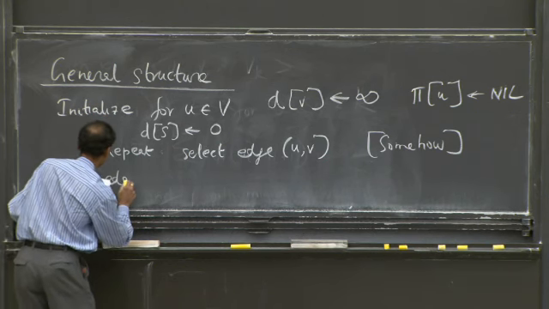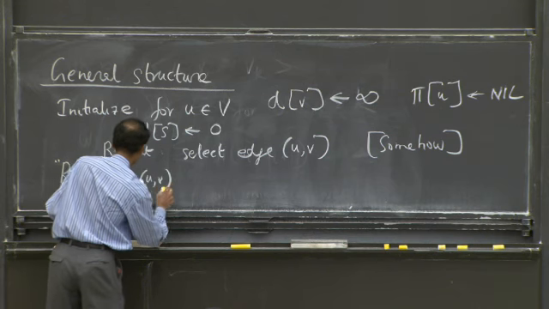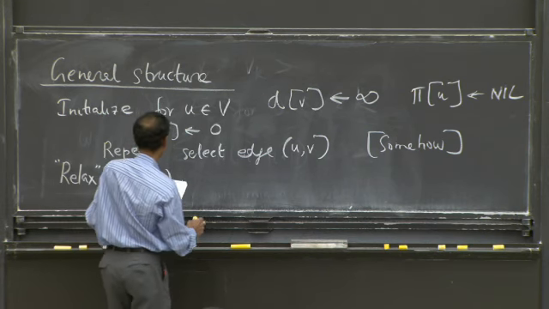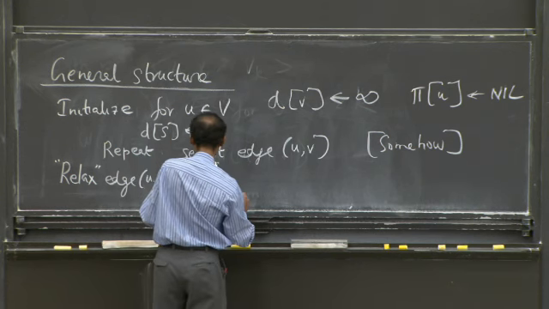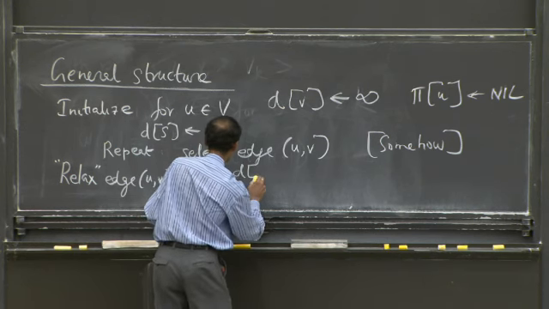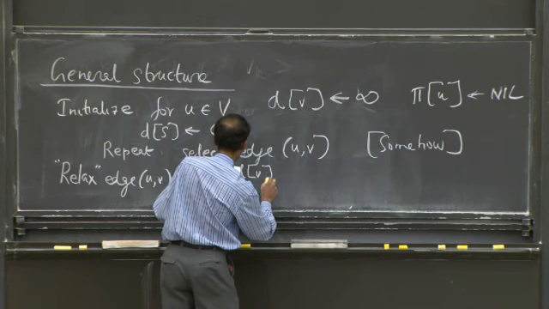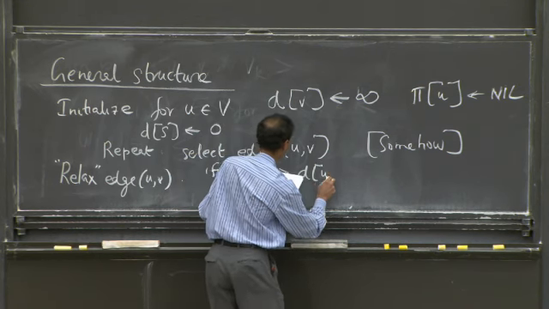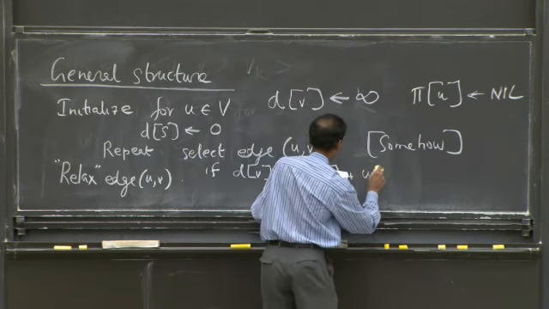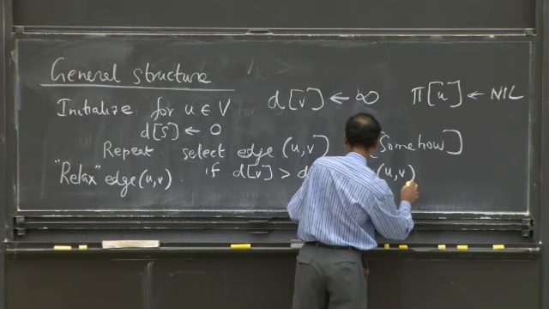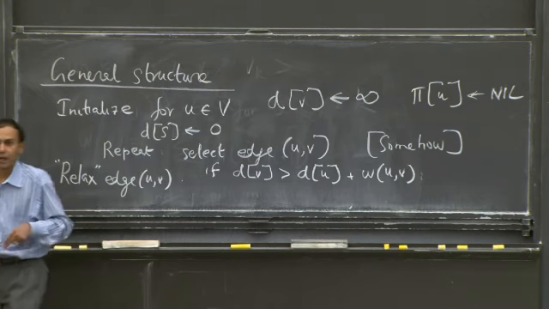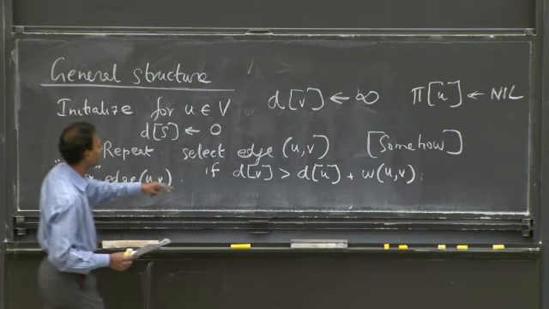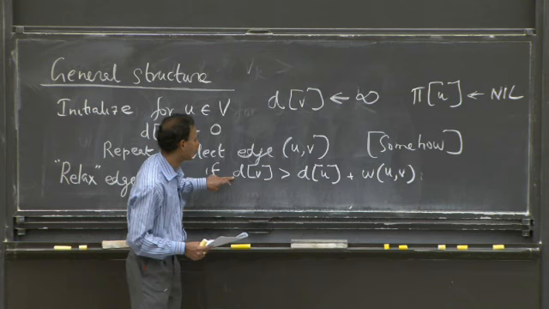edge uv. And the notion of relaxation is that you look at it and you say, well, if d of v is greater than d of u plus w of uv, then I've discovered a better way of getting to v than I currently know.